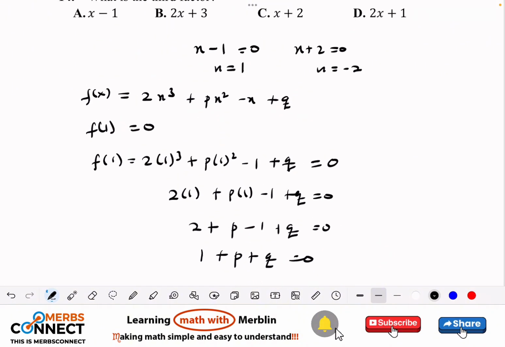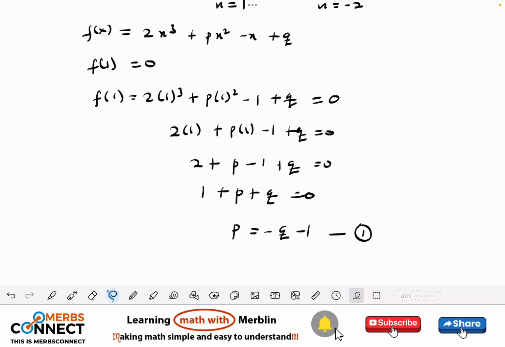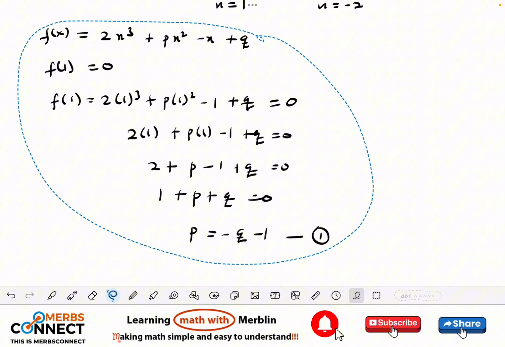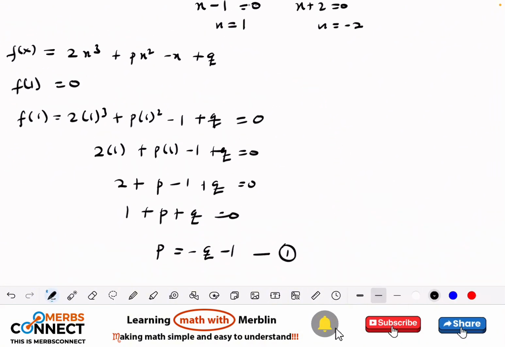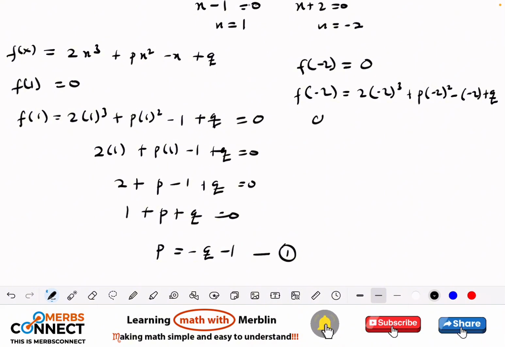Right. So the next thing that we need to do is plug in minus 2 to get another equation, and then we solve them simultaneously. So f of minus 2 should also give us 0. So what is f of minus 2? Let's plug in minus 2 inside the equation. 2 times minus 2 cubed plus p times minus 2 squared minus minus 2 plus q, right? So this is 0.